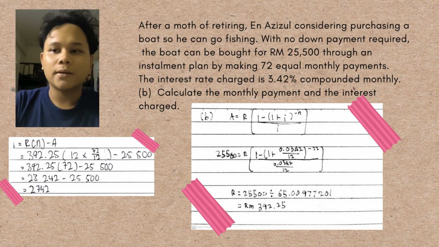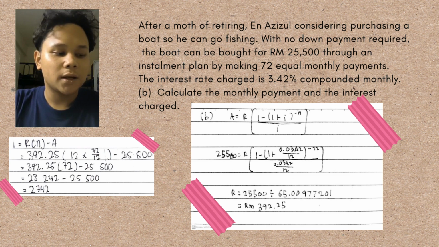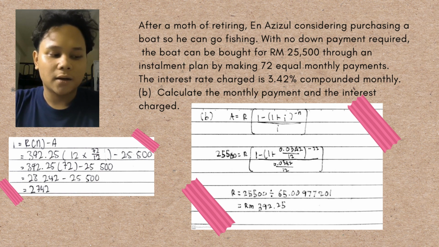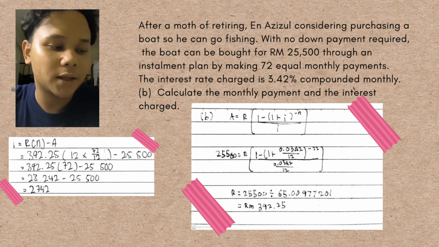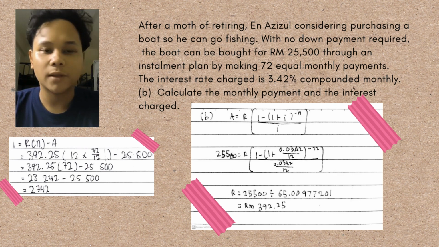To find the interest charge, we could use the formula I equal R bracket N minus A. Then the answer from the calculation is RM2,742.